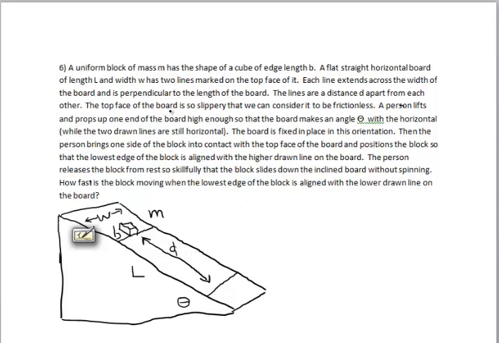The top face of the board is so slippery that we can consider it to be frictionless. A person lifts and props up one end of the board high enough so that the board makes an angle theta, right there. This is angle theta, with the horizontal, while the two drawn lines are still horizontal.